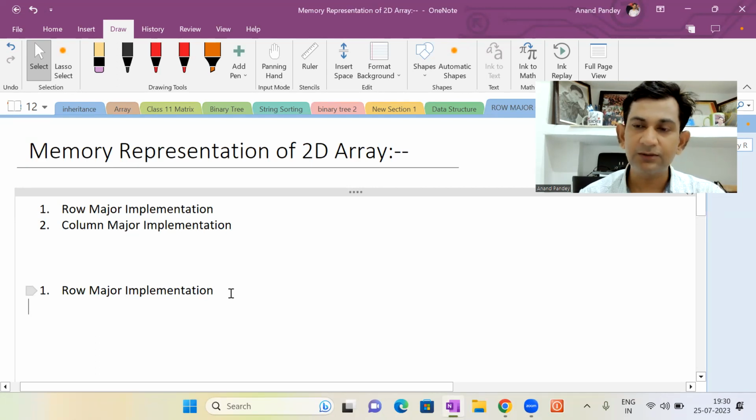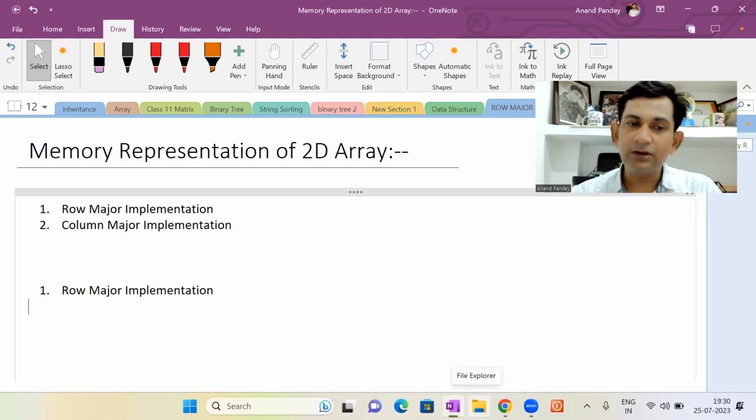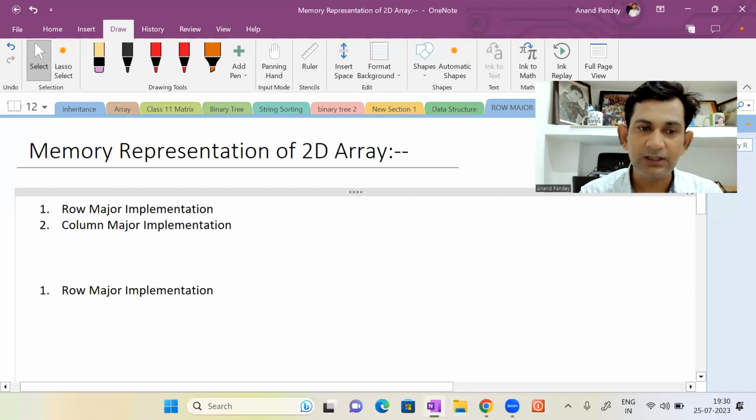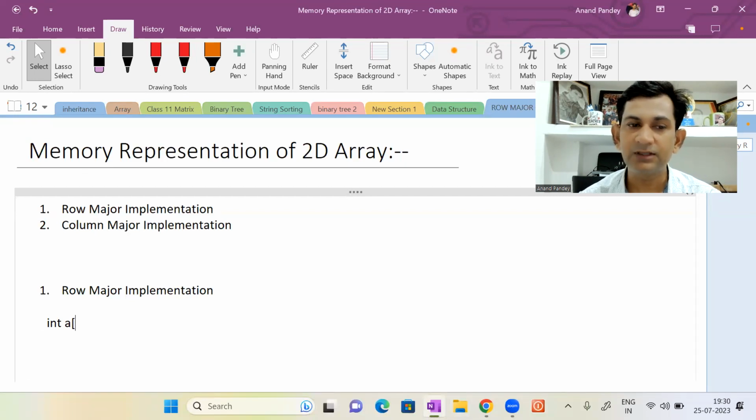When I taught the basic concepts of 2D array, I told you how to declare a 2D array: the type of array, the name of the array as you decide the name of any variable, then 2 square brackets in case of 2D array, then new, and again the type of the array, and number of rows and number of columns.